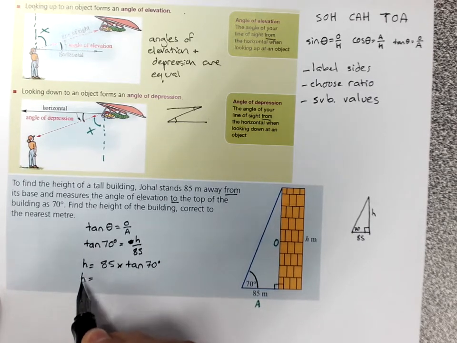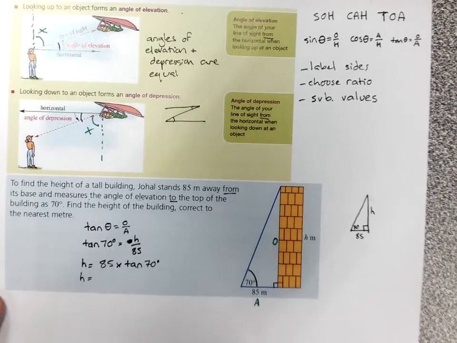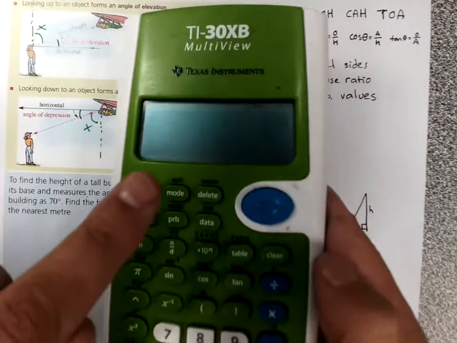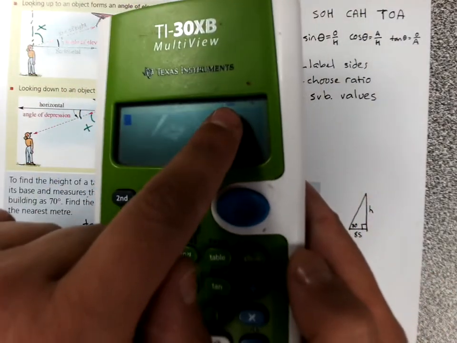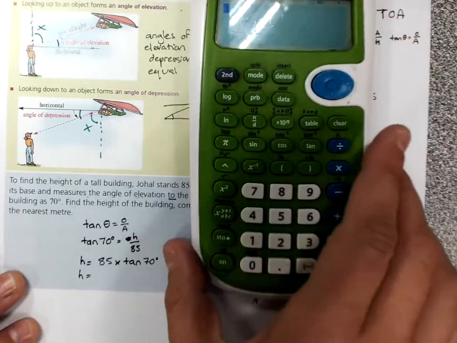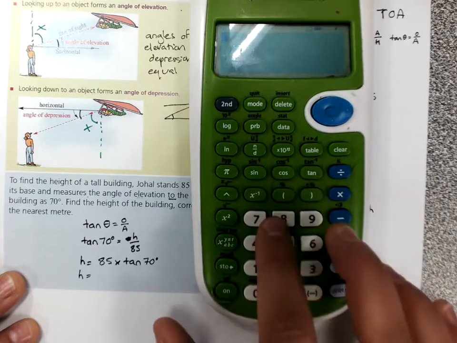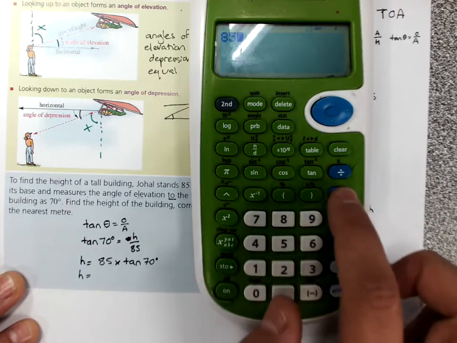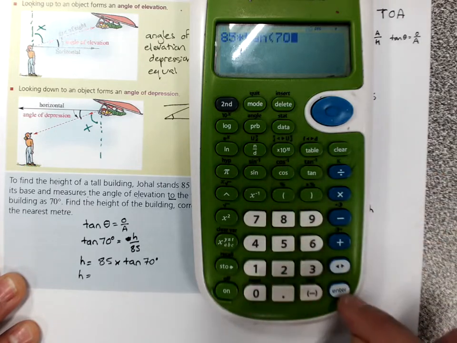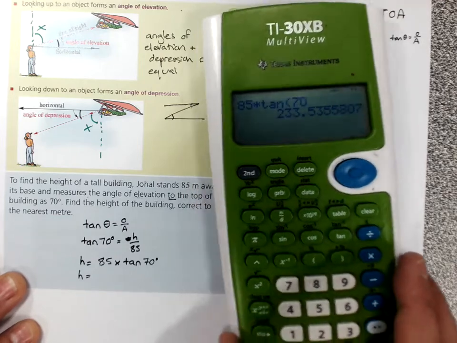And when I've got down to H equals or X equals or theta equals, I know I just type this into the calculator. Check that your calculator is in degrees mode, DEG or D. And we enter exactly what's there, but we don't need the degrees sign. 85 times tan 70. 233.535.